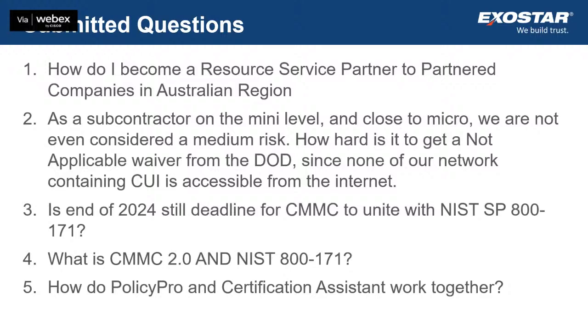Then in Certification Assistant, you put in your implementation statements. This is how I've implemented these particular policies. You then also link in the proof that you've actually implemented those controls. So you've got the policies for access control.